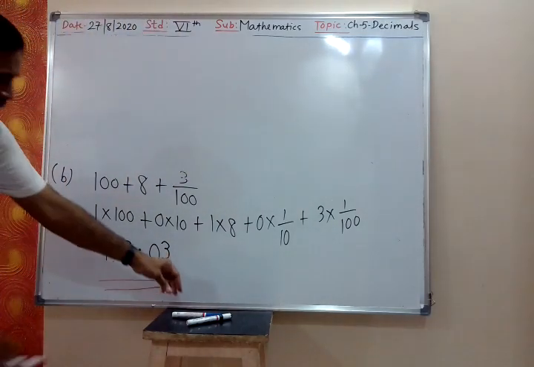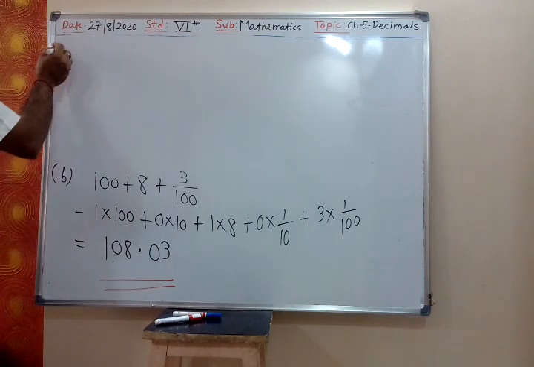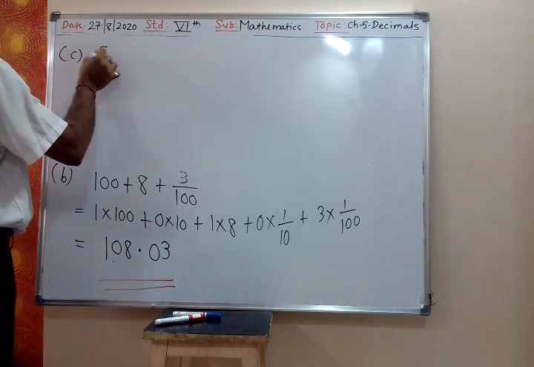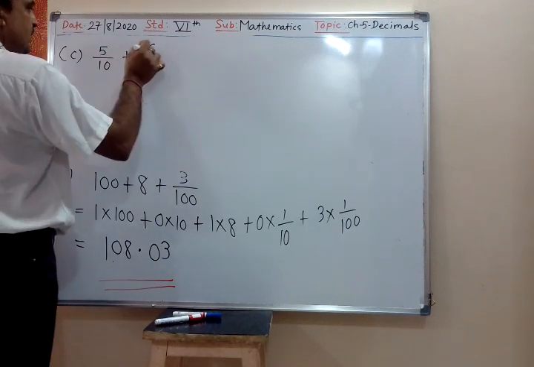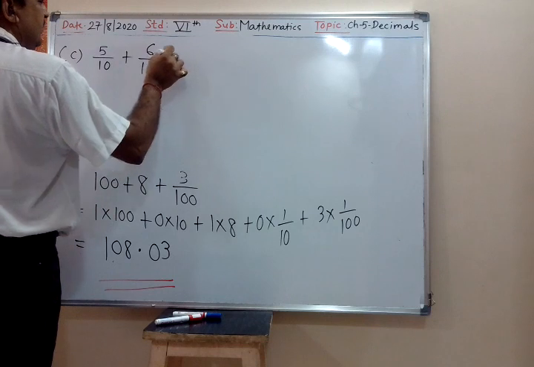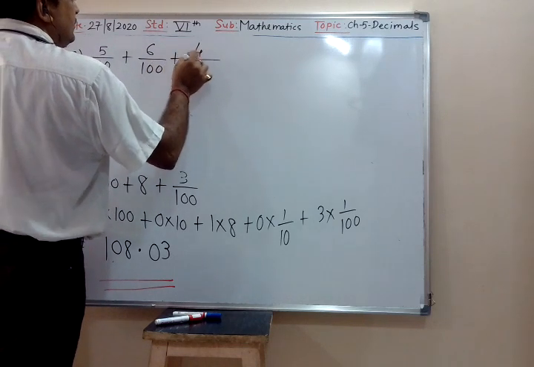C is 5 upon 10 plus 6 upon 100 plus 4 upon 1000.